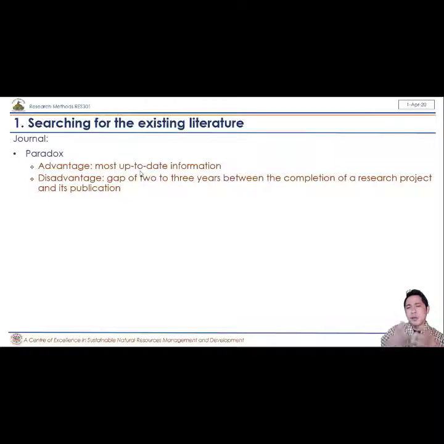Some publications have around a 5 years gap, similar to books, but most of the journals get published in 1 year or 1 to 2 years. Again, 1 to 2 years is if you look at it from the perspective of science. If you really want up-to-date information, then that is a disadvantage of the journal.